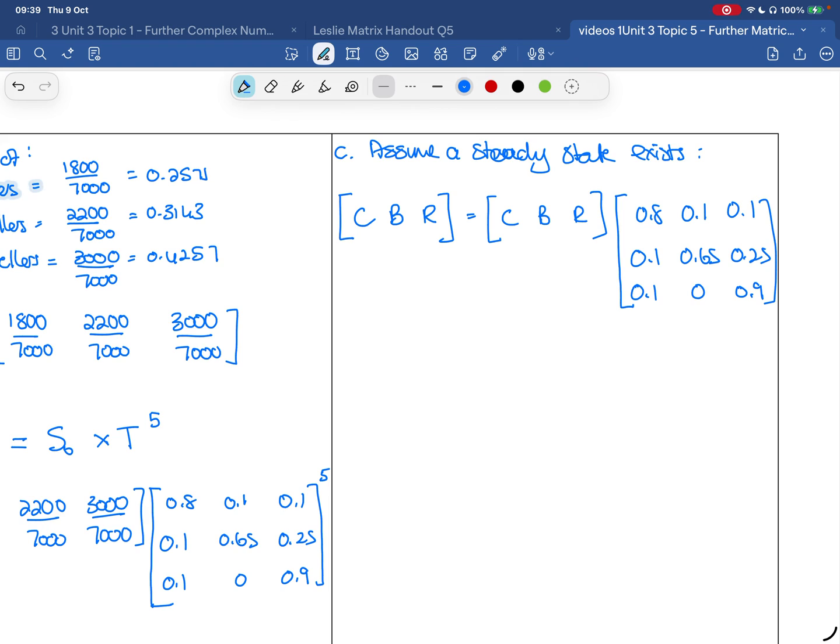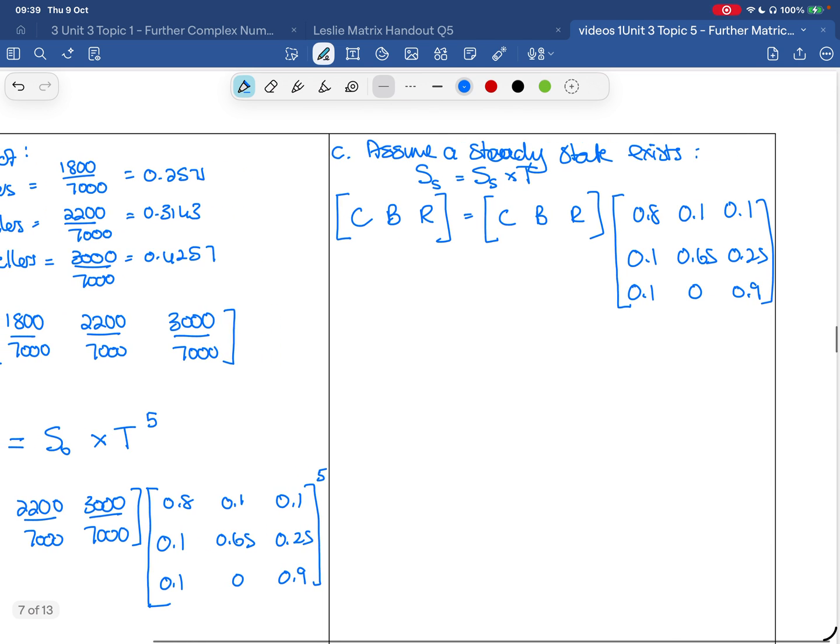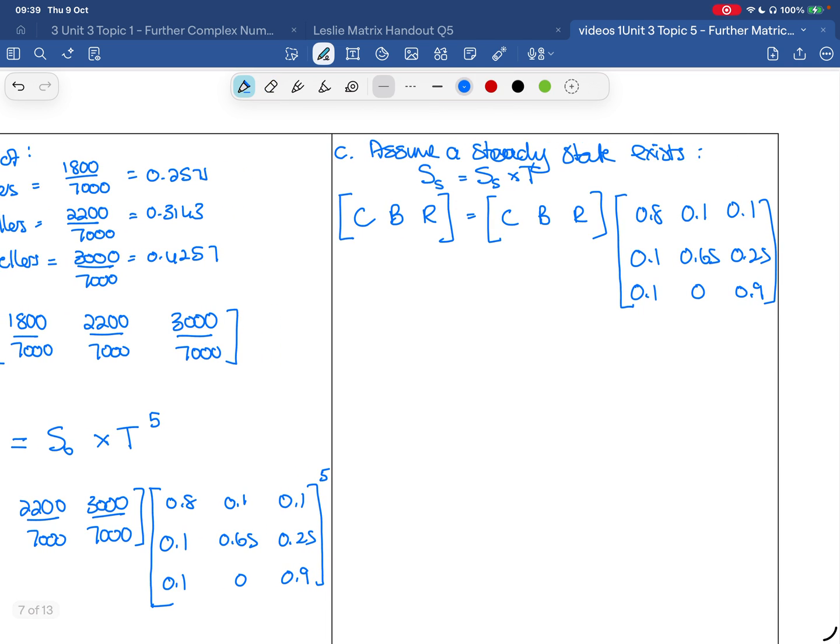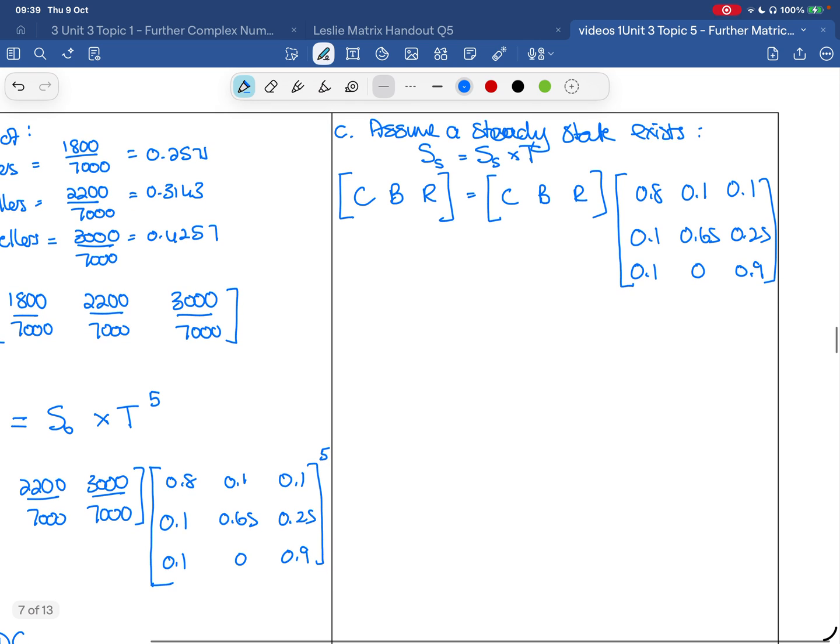So our S steady state is going to be our S steady state times our transition matrix. Okay. And from that, if I multiply the CBR, so we're looking on the right-hand side now, and we're going to create some simultaneous equations.